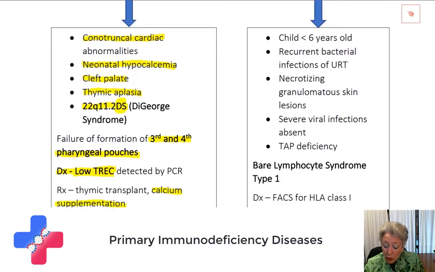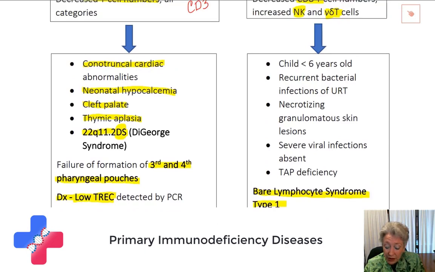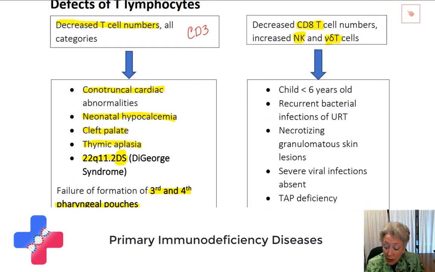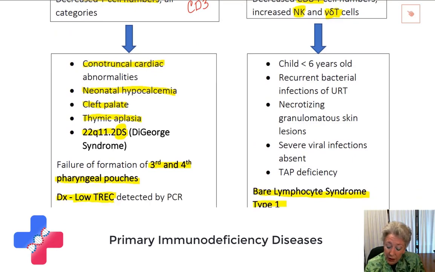In the individual who has bare lymphocyte syndrome type 1, realize that this is a condition where I've got a problem with expression of MHC class 1. And usually it results from a failure of those transporter proteins, which are necessary for taking peptides and joining them to the newly forming MHC class 1 molecule as it arises in the endoplasmic reticulum.